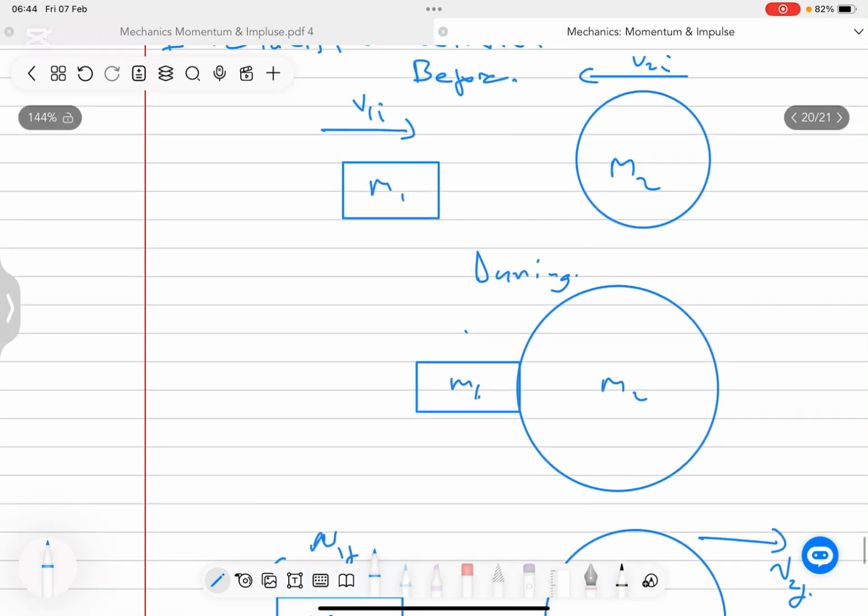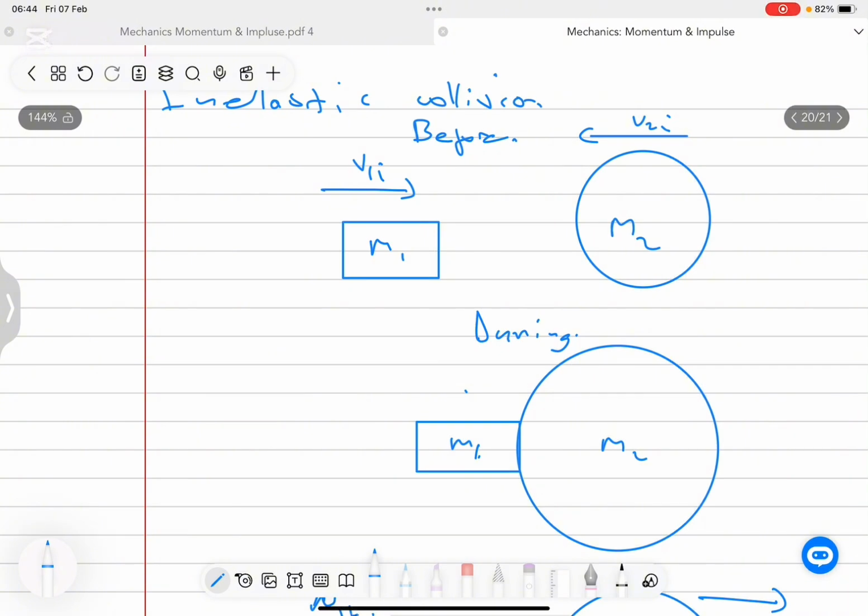In this type of collision, the total kinetic energy before collision is not the same as the total kinetic energy after collision. In other words, the sum of kinetic energy before collision is half m1 v1 initial squared plus half m2 v2 initial squared.